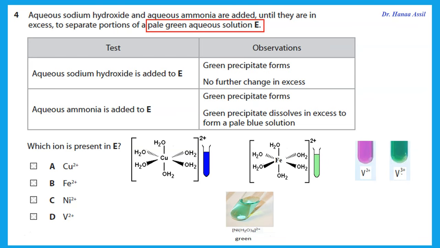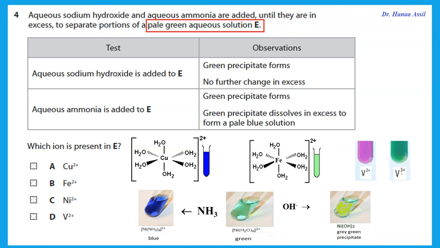Nickel 2+ as a solution is green. Now, what if I put sodium hydroxide? It would give a green or a gray-green precipitate. What about if I add aqueous ammonia? It would give a green precipitate that dissolves to form a pale blue solution. So this is what we're talking about.